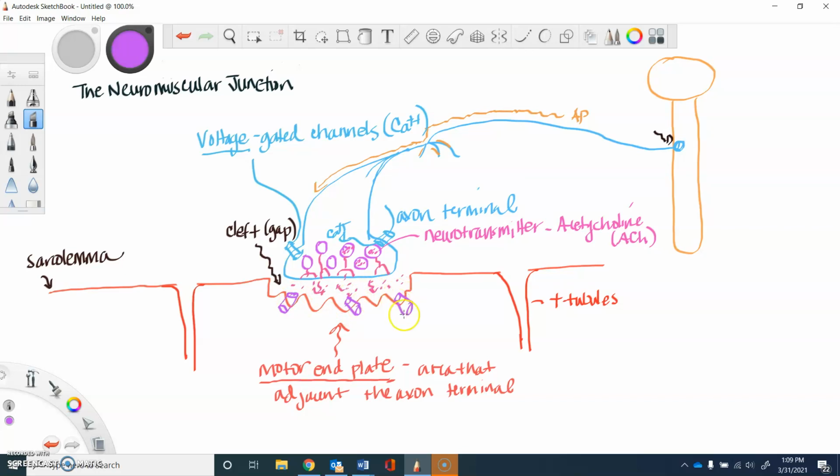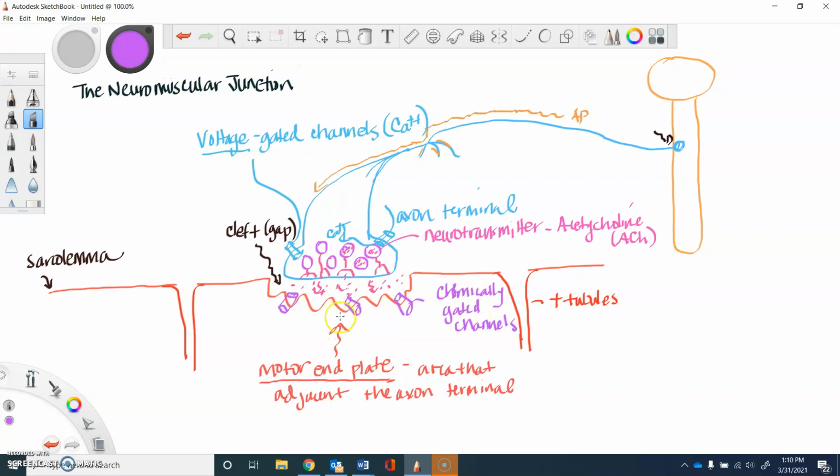They're not always open, but these channels are called chemically gated channels. And they have receptors on them that receive some kind of chemical, and when it binds, it will open them. So these particular chemically gated channels look for acetylcholine.